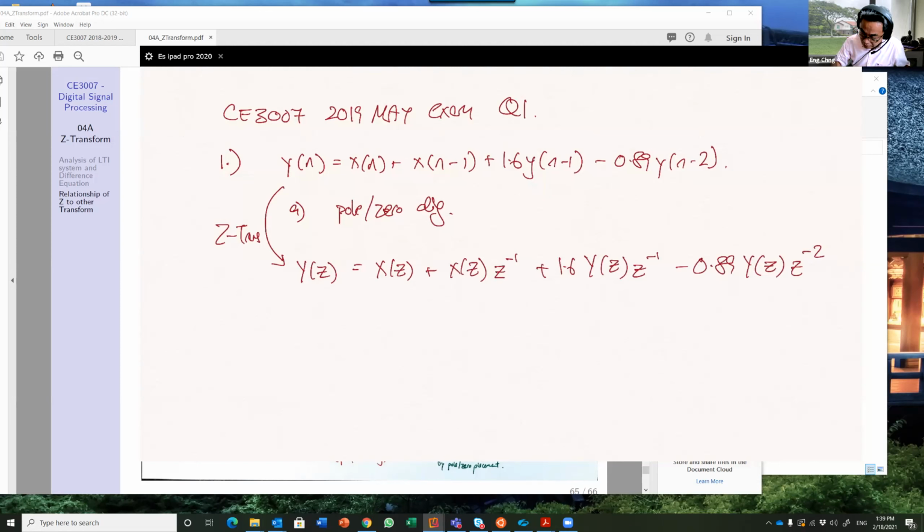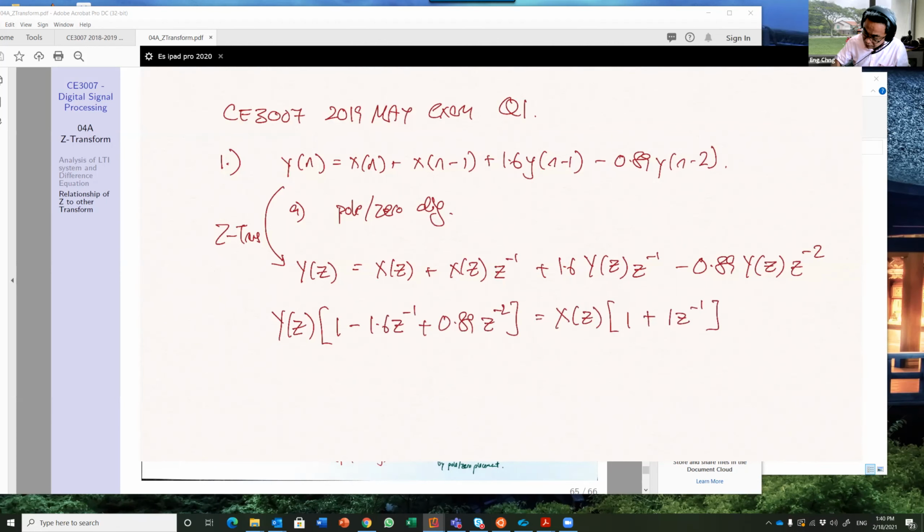And then you collect all the Y(z)'s to one side. So this is 1, minus 1.6 z to the minus 1, plus 0.89 z to the minus 2. And the other side is 1 plus 1 z to the minus 1. Finish.